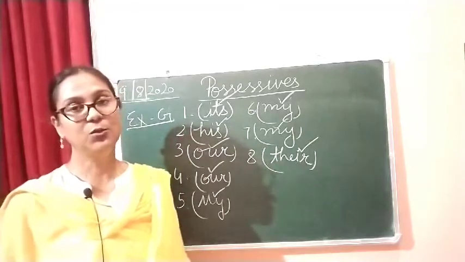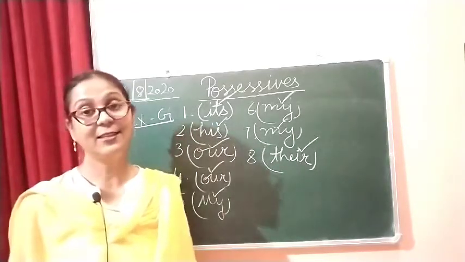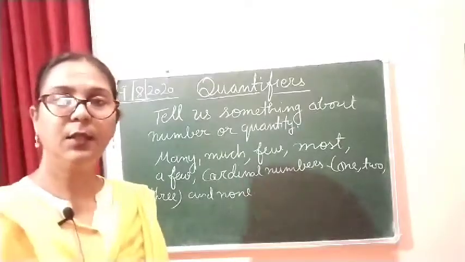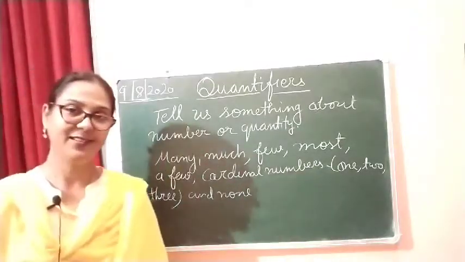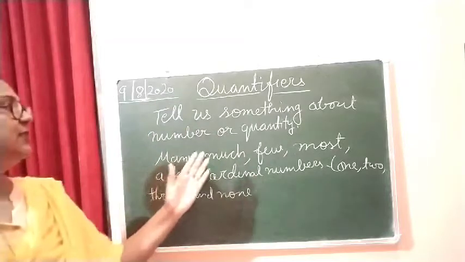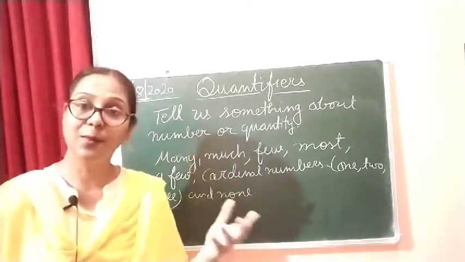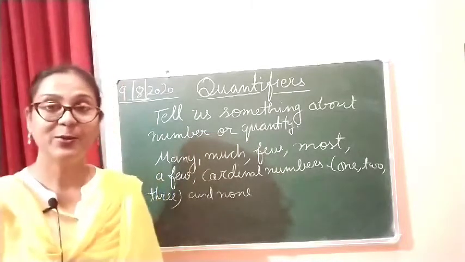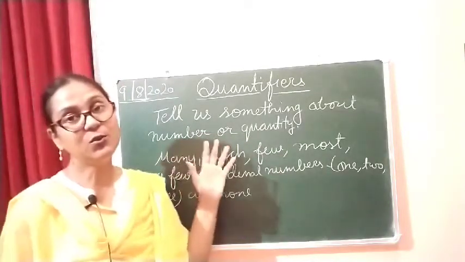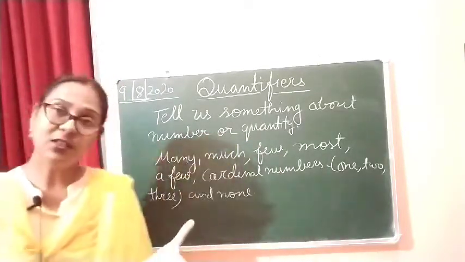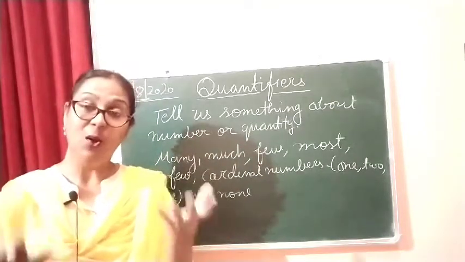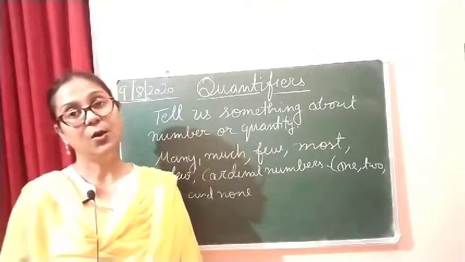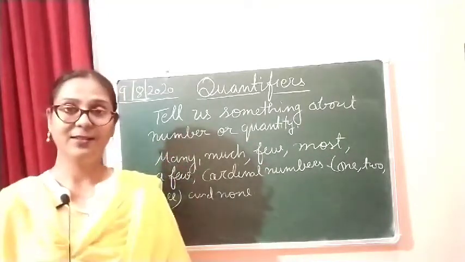Now we have completed this. Now we are moving to quantifiers. This is the next determiner. Quantifiers tell us something about the numbers and quantity of a thing or person. So quantifiers are used to tell the quantity of a thing, or the number of persons or things.